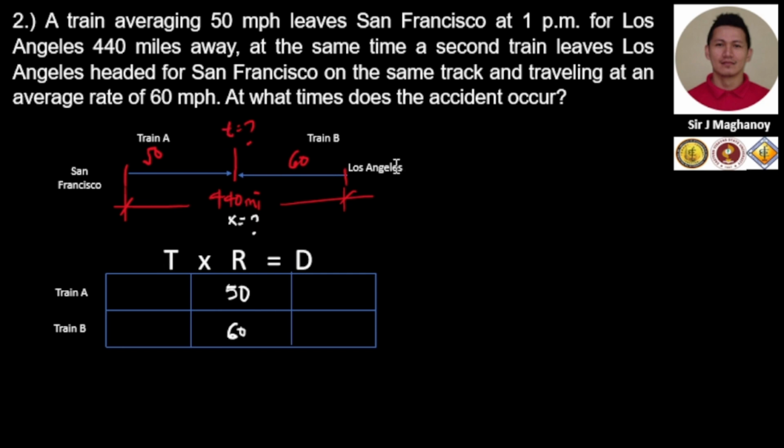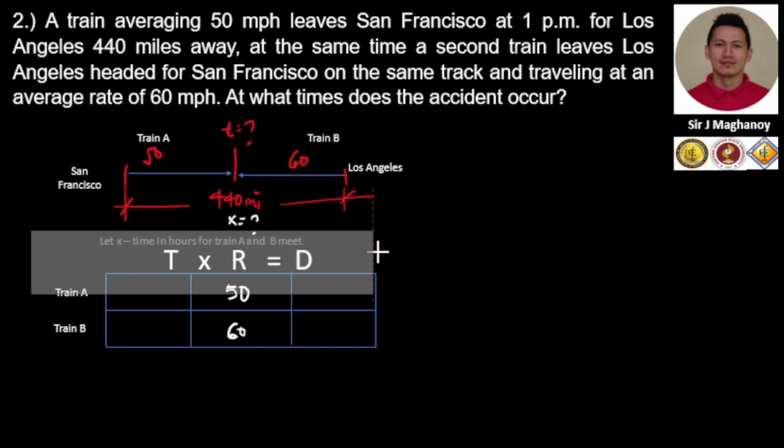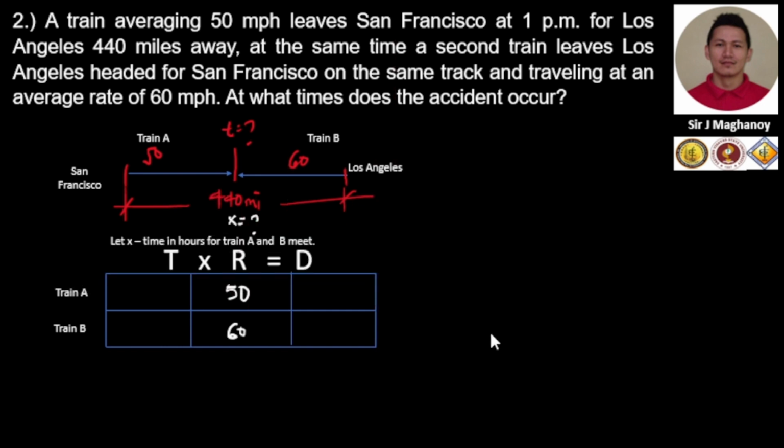So we let x be the time in hours for trains A and B to meet.